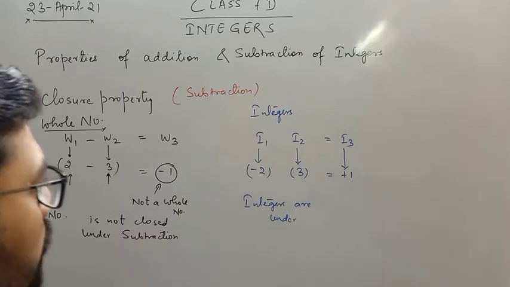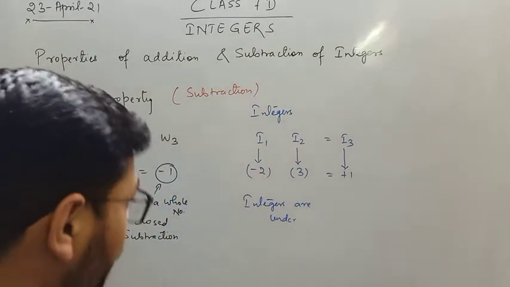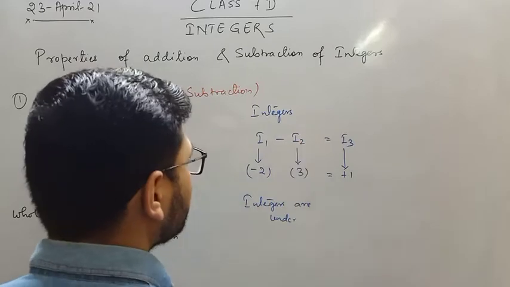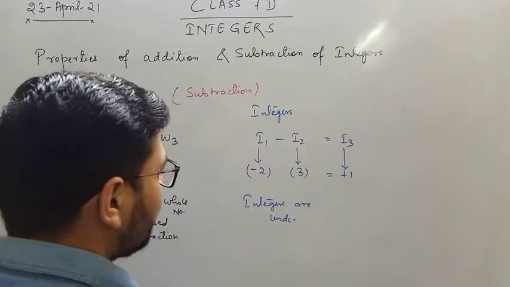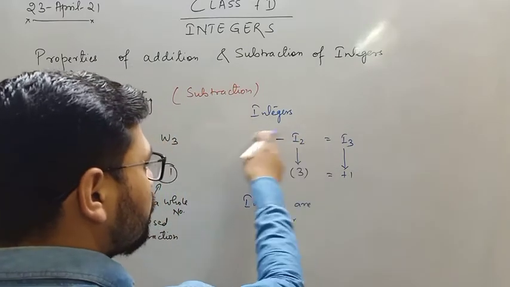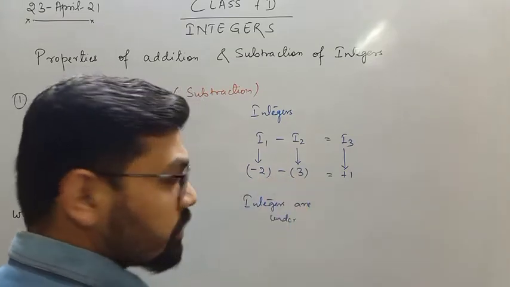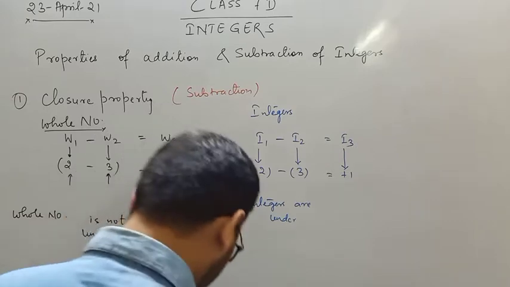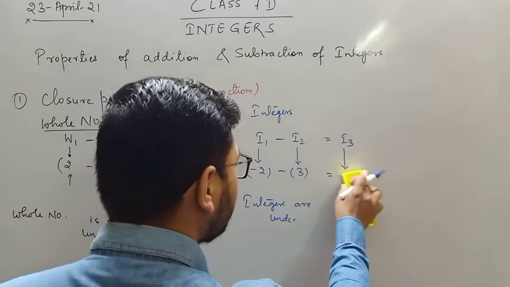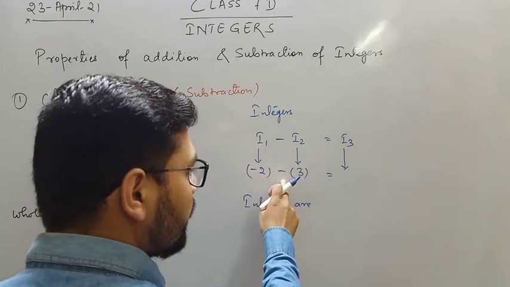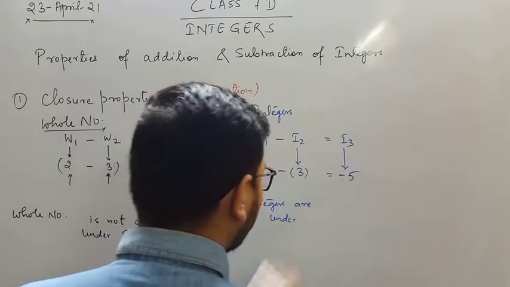Now the case of integers. I'm using the same example, but in this case I1 minus I2. In this case I'm subtracting I2 from I1. So minus 2 minus plus 3, what answer will I get? Minus 2 minus plus 3, so minus 5 will be the answer.